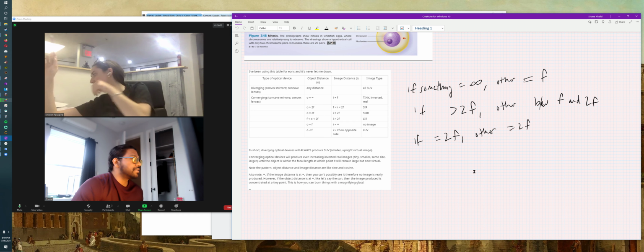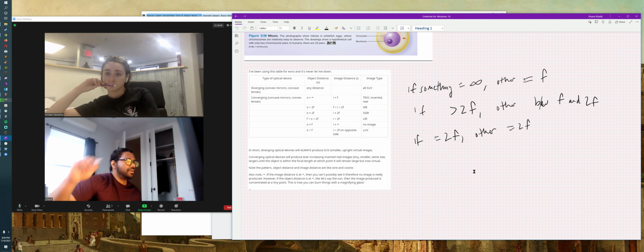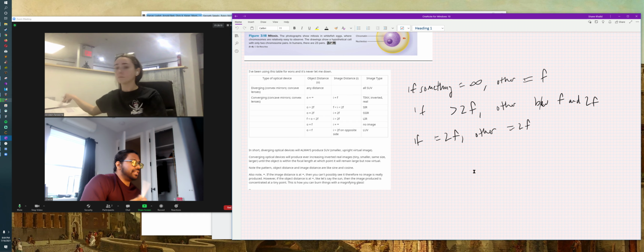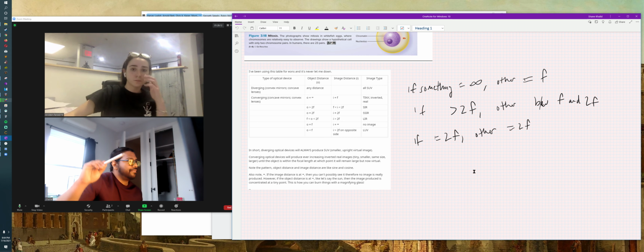So basically, if an object gets closer and closer to the focal length, it'll produce a real image that gets larger and larger until the object is at the focal length, at which it'll produce no image, because an image at infinity is no image.